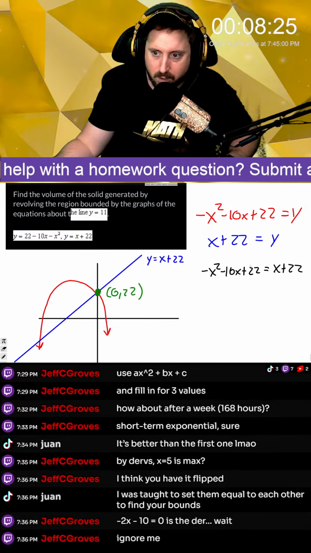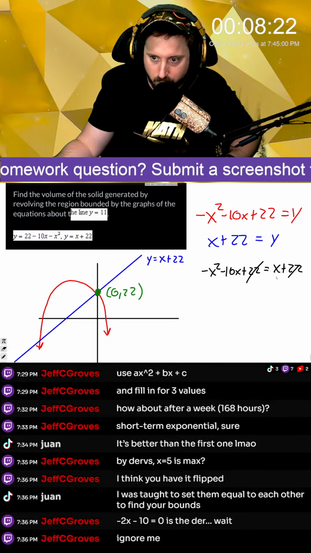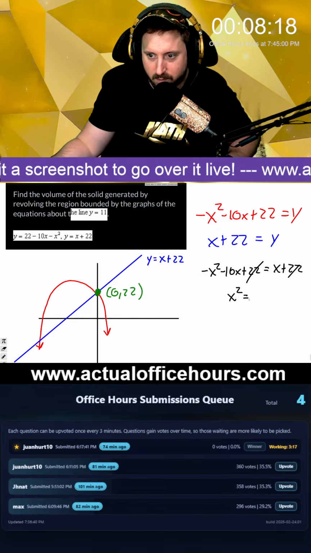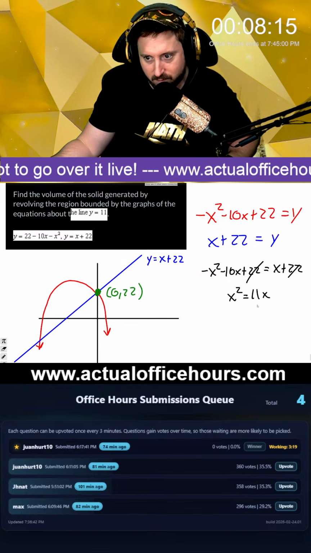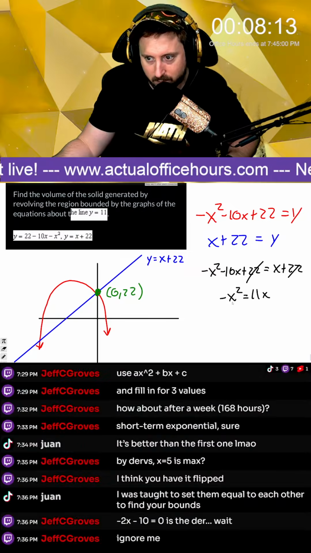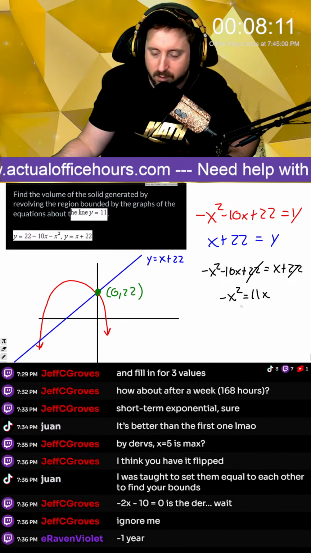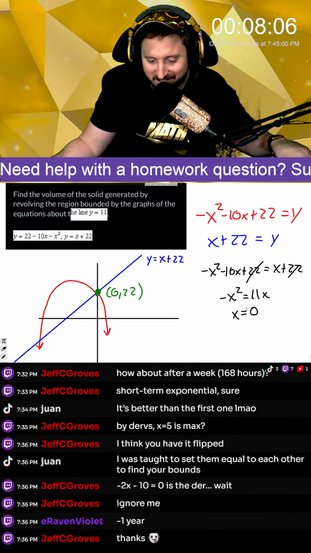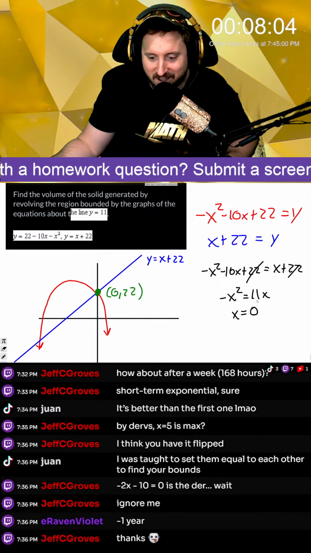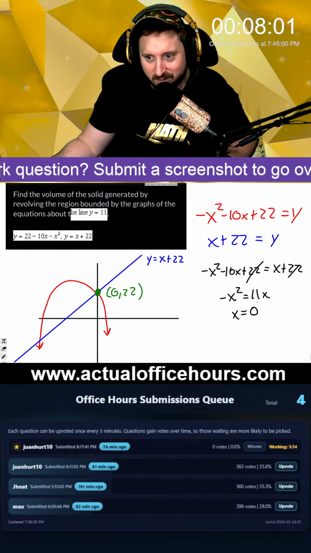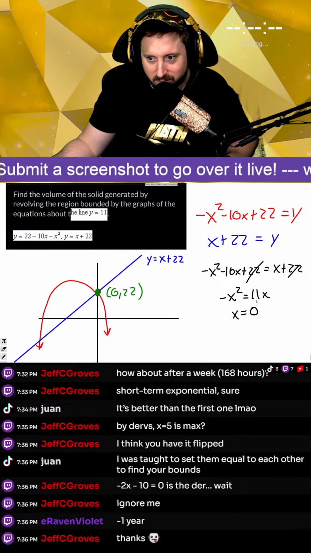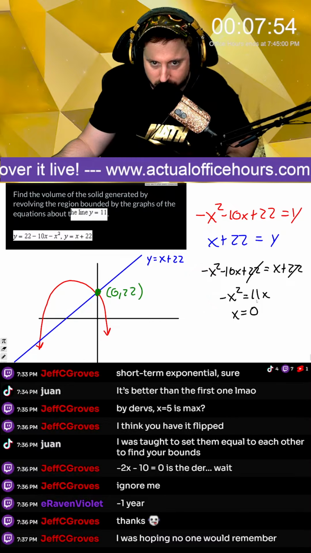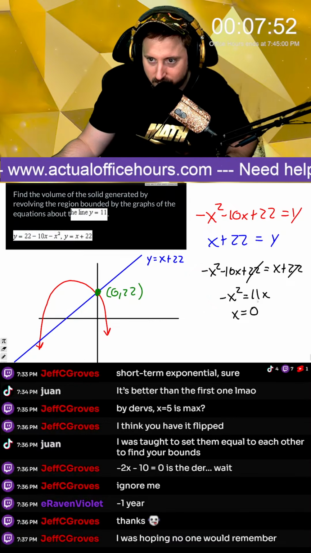Right? So the 22's cancel. Beautiful. So then when I move that over, I'm going to get that negative x squared is equal to 11x. So one of these solutions is x equals 0.